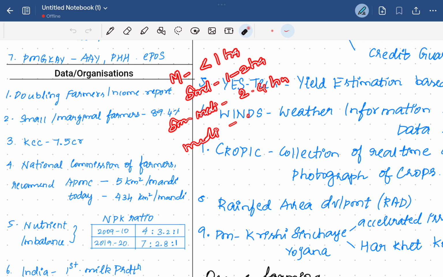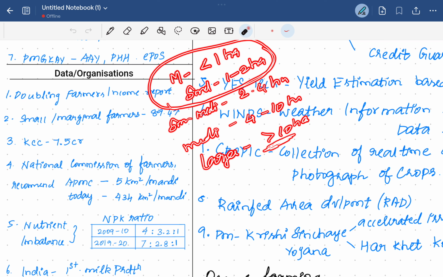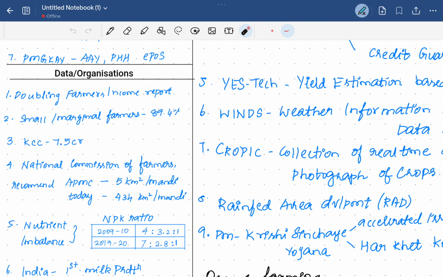Medium farmers have 4 to 10 hectares. Large farmers hold more than 10 hectares. Here we are concerned about the marginal and small farmers holding less than 2 hectares of land. India comprises 89.4%, which is a large land fragmentation.